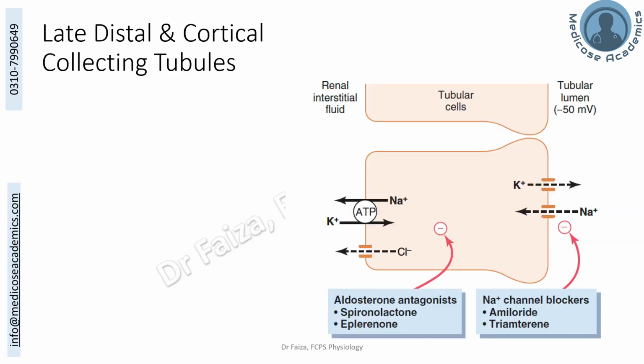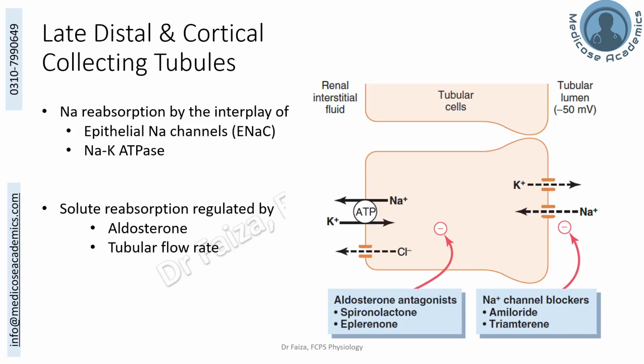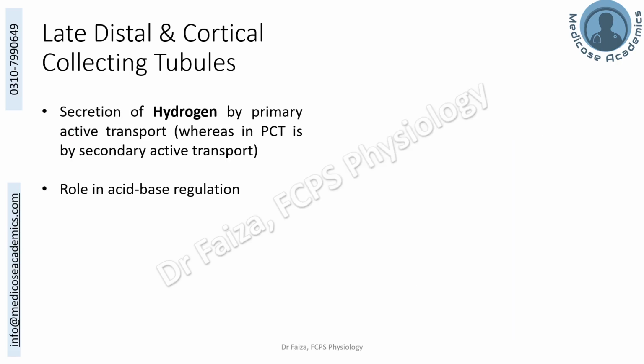Late distal and cortical collecting tubules are the potential site of target of aldosterone, as they can increase the insertion of epithelial sodium channels and sodium potassium ATPase. They are also the potential site of target for aldosterone antagonists and sodium channel blockers, which are very powerful diuretics.